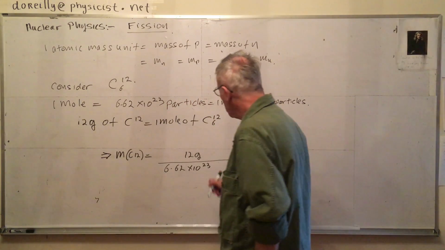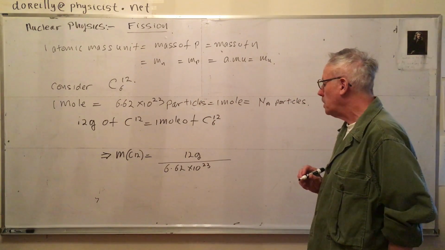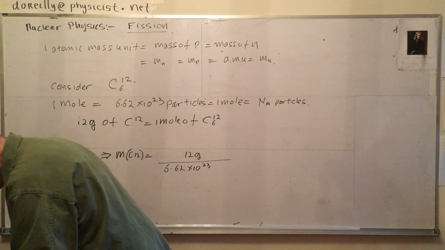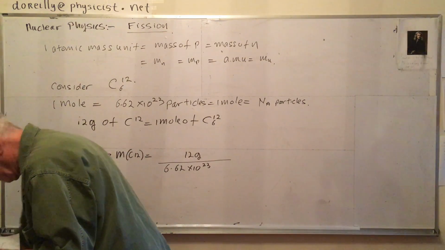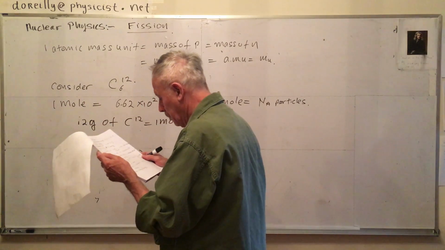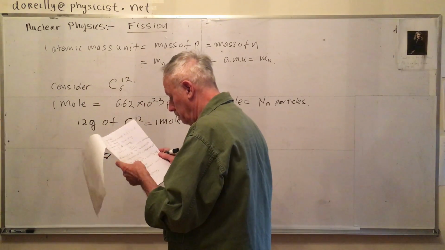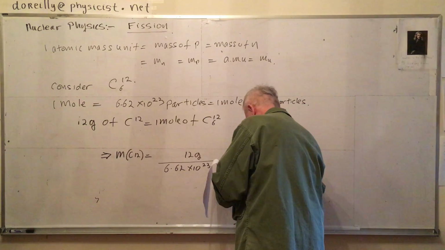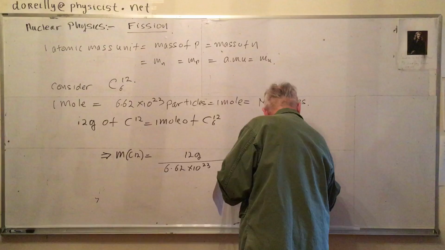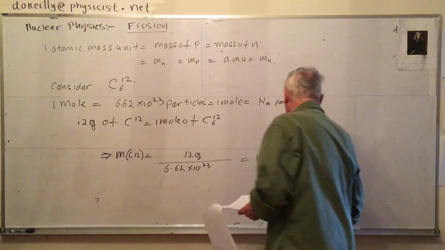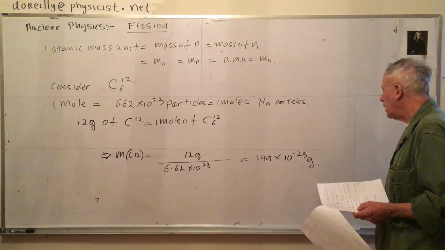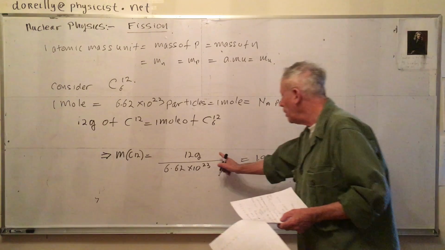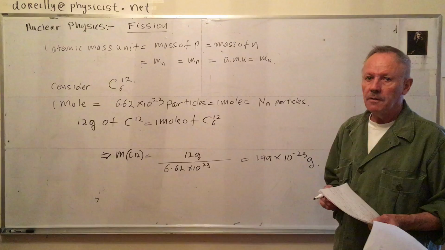So therefore then the mass of 1 carbon atom is 12 divided by 6.02 by 10 to the power of 23. I did that already. It is 1.99 by 10 to the power of minus 23 grams, the mass of 1 nucleus of carbon.